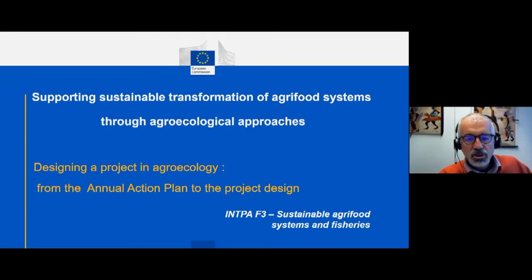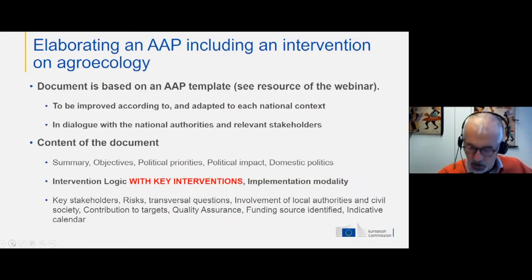And for that, we suggested a canvas that obviously needs to be adapted to each local context, and also to the defined objectives, what you decided to do nationally. And also it needs to be adapted in function of the priorities that you might have locally.